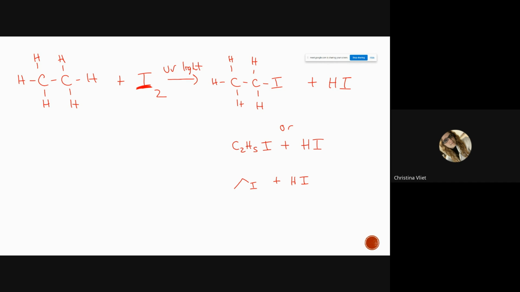Try another one. What about this? UV light. Wow, my UV light is not enough. UV light. What would you do? Are there multiple possibilities for what you could make? Isomers too, yes.